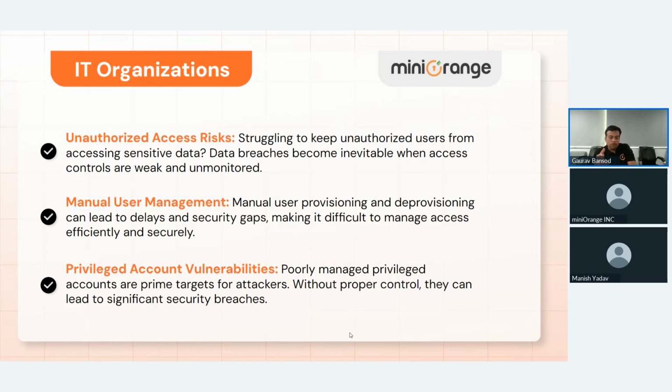The second point which we have observed is user management. We do not have a process of automating the entire user lifecycle management, where when any new employee joins the company, the entire flow, where the identity gets stored, what kind of controls can be passed on to that employee, what applications can be accessed, all this provisioning, should be automated.